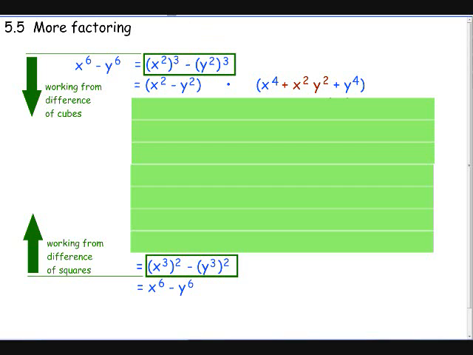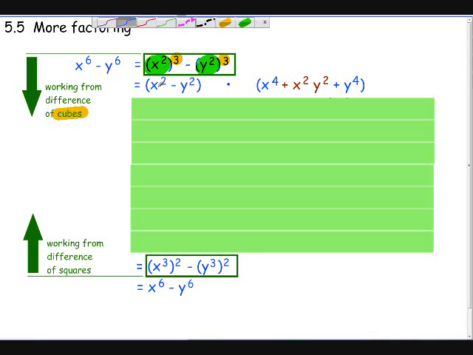Notice what we're doing here. We're looking at this as a difference of cubes. And inside of this, we consider this to be our A and this to be our B. Pretty tricky, huh?